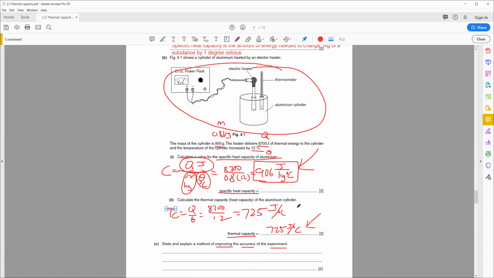In reality, if I were to conduct this experiment using the exact same parameters, like 800 grams, 8,700 joules, and 12 degrees Celsius, right? I won't be able to calculate this amount. This amount is like the best case scenario. Why? Because using this formula here, it's like simplifying the whole thought process. It's like all external factors are kept at bay. We don't care. We're like ignoring the problem.